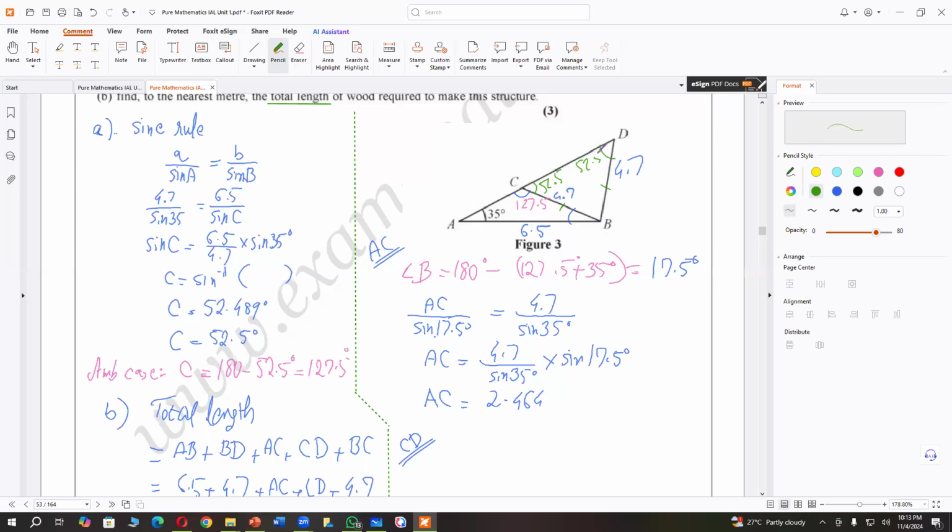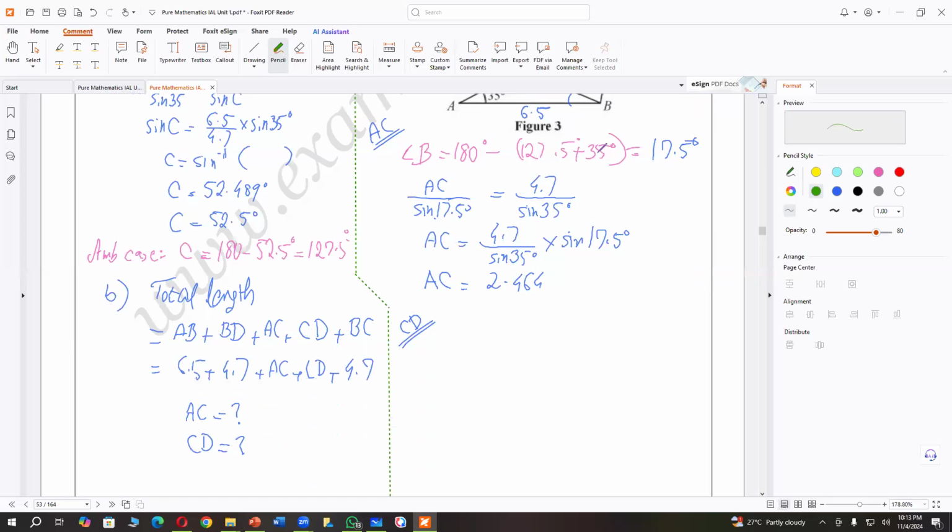It's an isosceles triangle. BCD is isosceles. Okay, this is isosceles BCD.